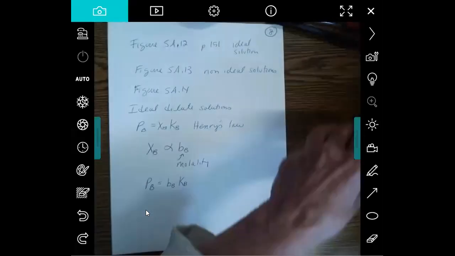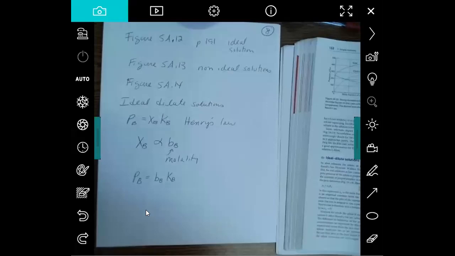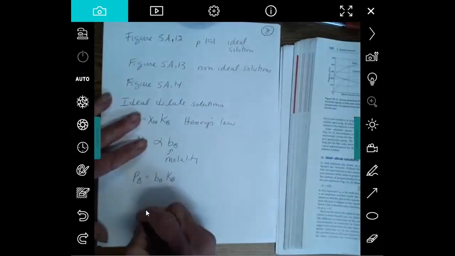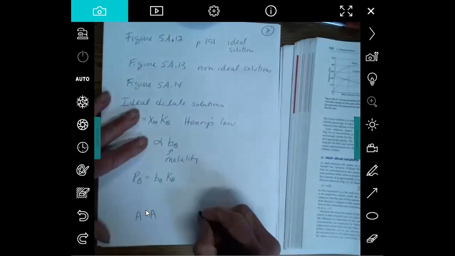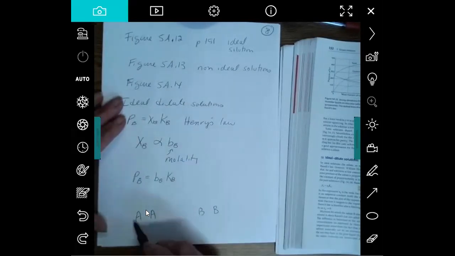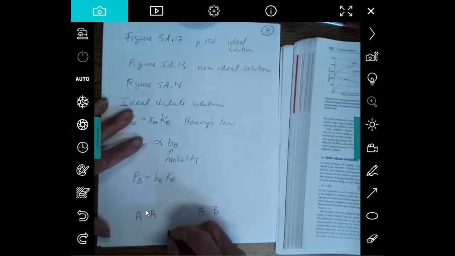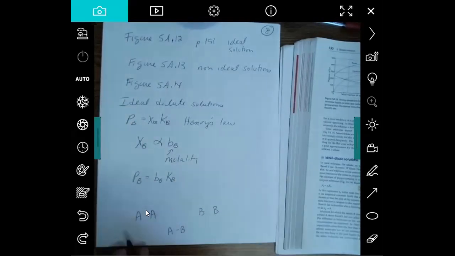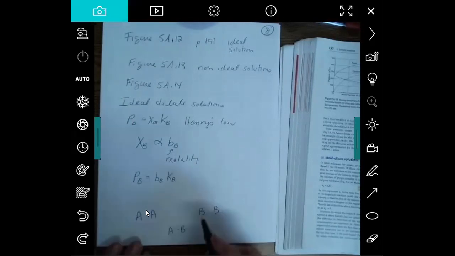If you have a sample of A and a sample of B, and then you mix them together, what an ideal solution is assuming is that AA interactions and BB interactions are equal to AB interactions.